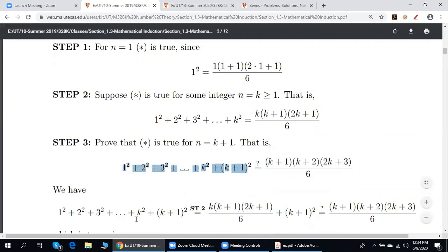Copy the left-hand side here. Note that by step 2, this, which is over here, is equal to this. So I'll replace this by this plus the last term. Done.